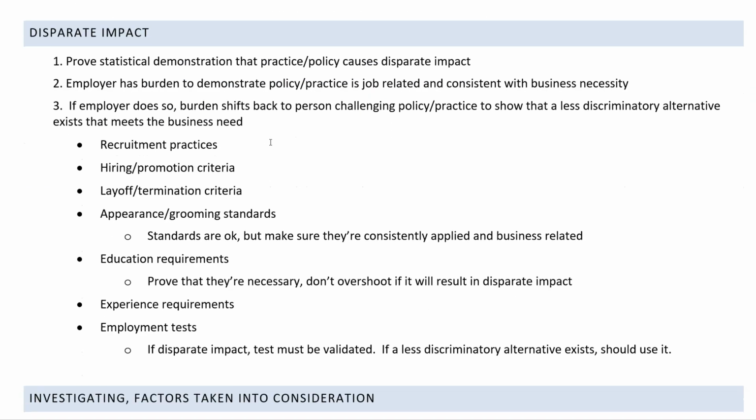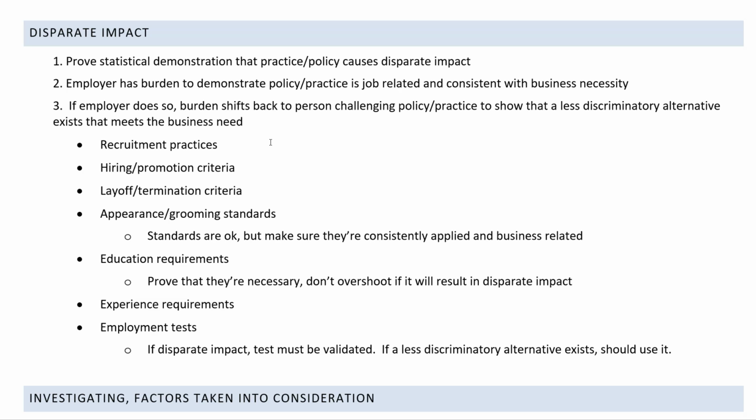Okay, so that's disparate treatment. How about disparate impact? Well, I have to prove the statistical demonstration that whatever the practice or policy is causes this disparate impact. Again, I'm not intending to discriminate here, but through the data, we can show that because of this policy, it has this impact on a protected class.